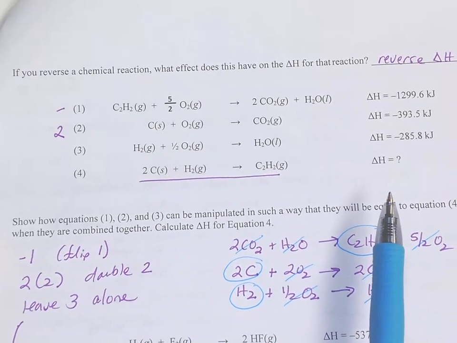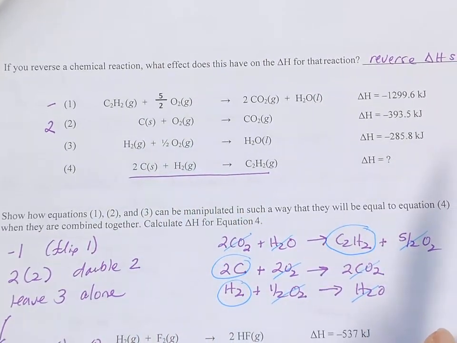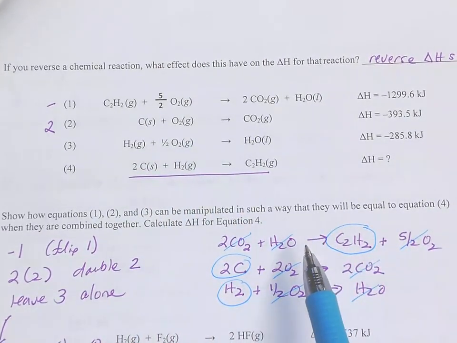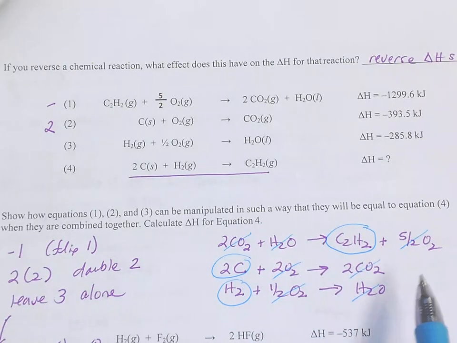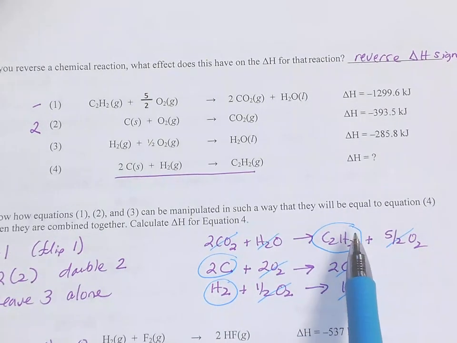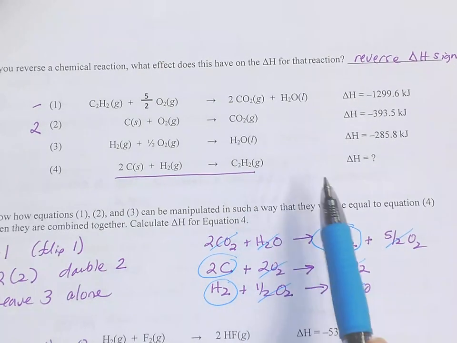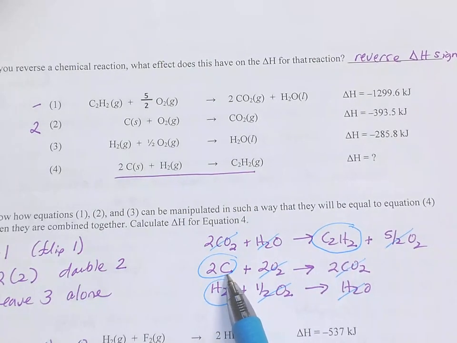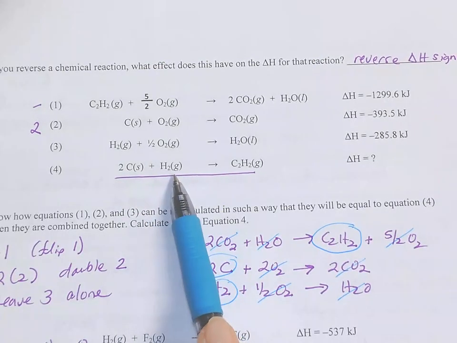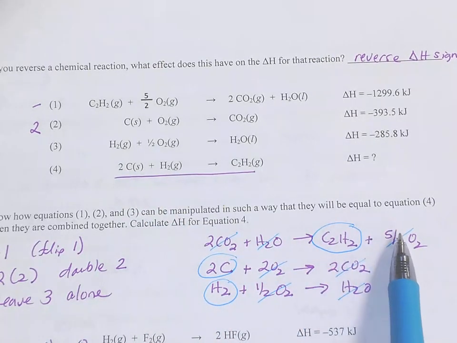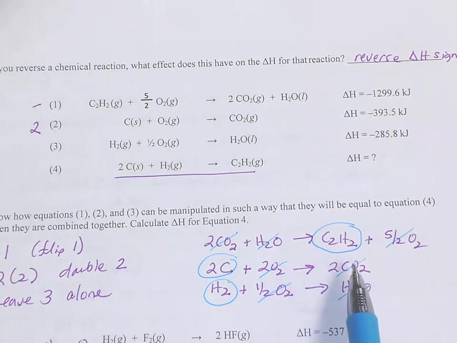So if we rewrite all of these reactions, flipping them, doubling them, and then adding them up, you will see that we end up with our C2H2 as a product, our 2 moles of carbon and our mole of hydrogen as reactants, and all of the other species that we don't want in our net equation have nicely canceled out.